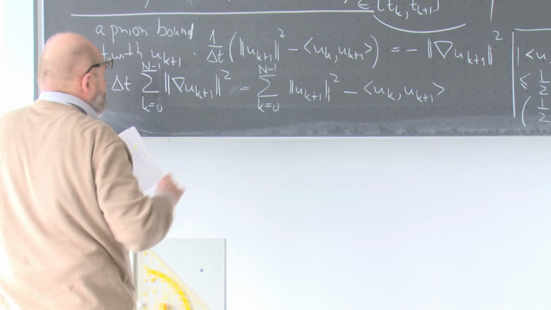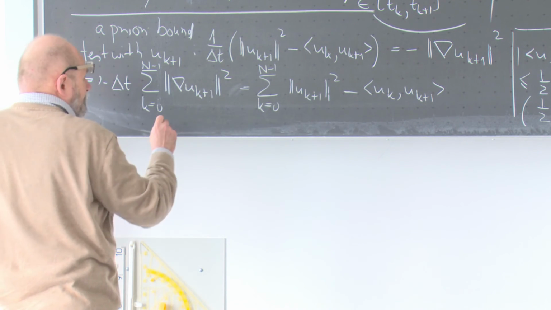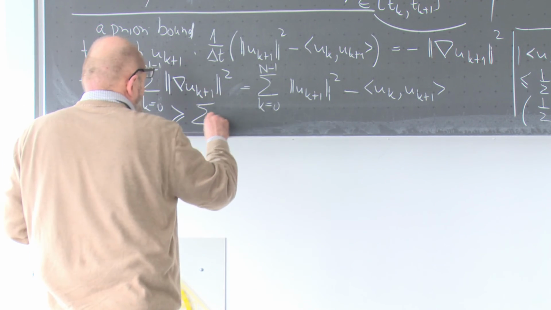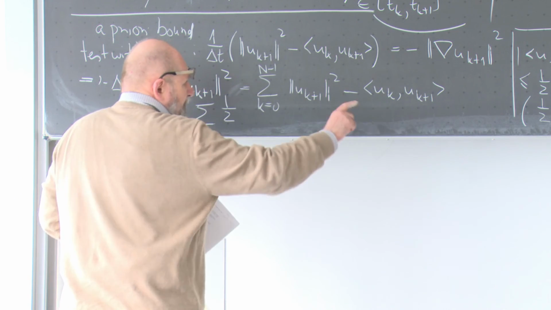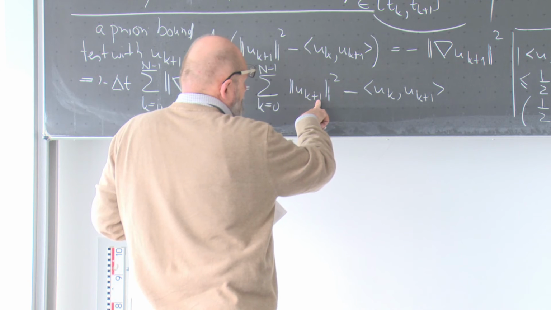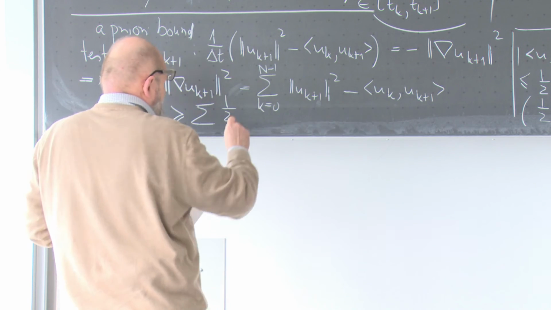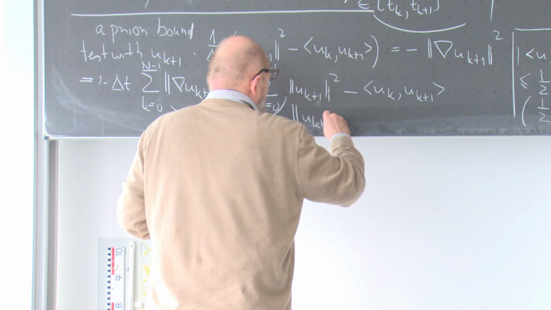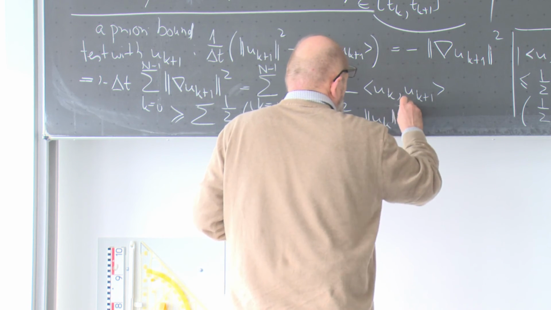We estimate this from below, and then we leave this 1/2. So I get minus 1/2 of this term, so this goes away, and I have minus then of the u^k. So I still have u^{k+1} squared minus u^k squared.